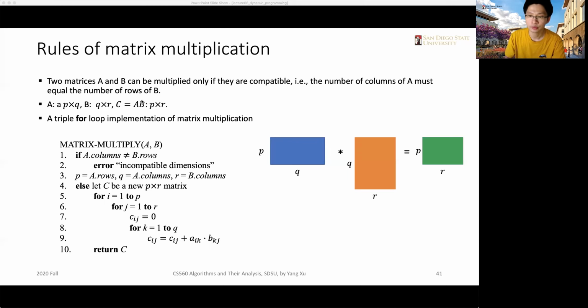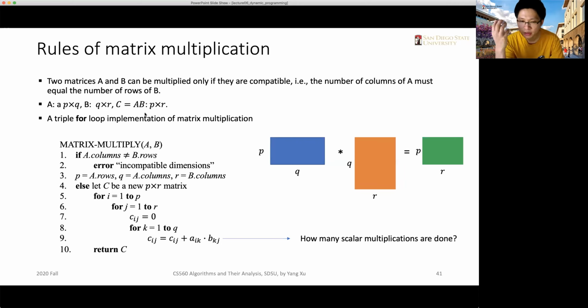And we need to accumulate them together. So basically, how many scalar multiplications are needed is our major concern, right? That is where the actual computation happens.